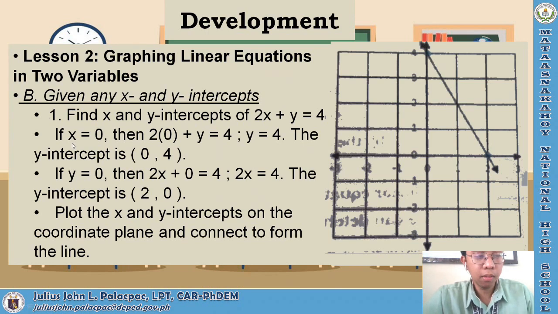So here, we just let x be 0. 2 times 0 plus the variable y, since we're looking for y, equals 4. 2 times 0 is 0, right? So y will be 4. So if x is 0, y is equal to 4. So the y-intercept or b is equal to 4.